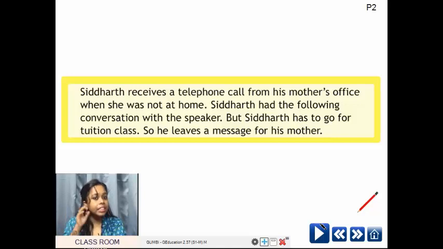Siddharth receives a telephone call from his mother's office when she was not at home. So it means Siddharth's mother is not at home, but he receives a telephone call. From where? Can you tell me from where does Siddharth receive the telephone call? Come on, make an attempt.